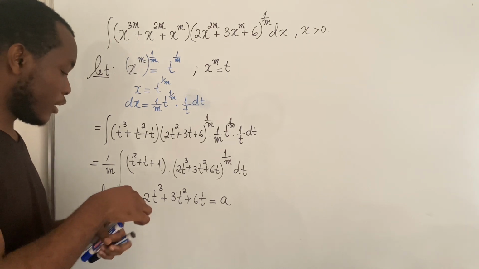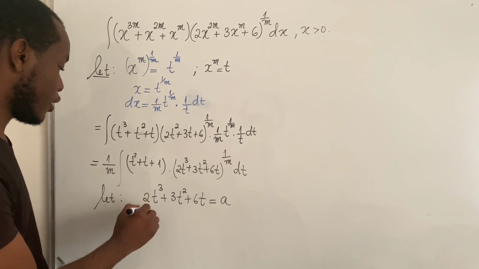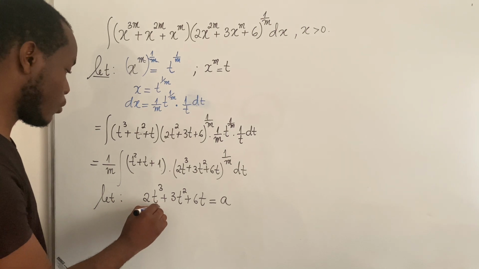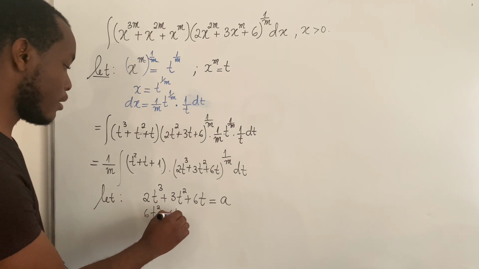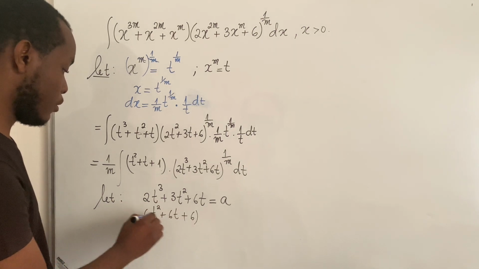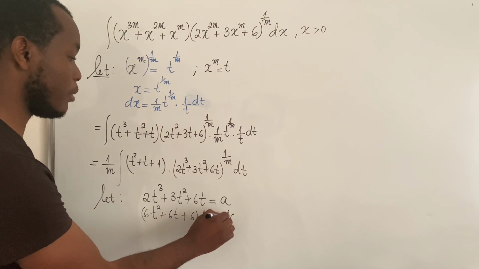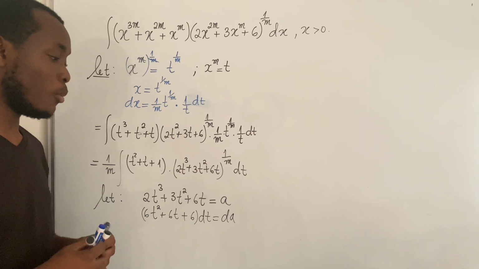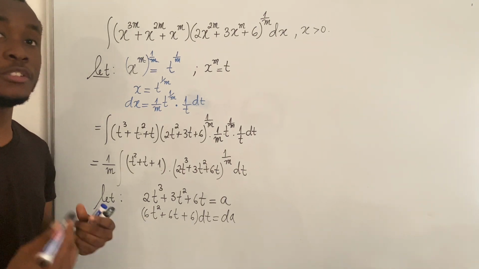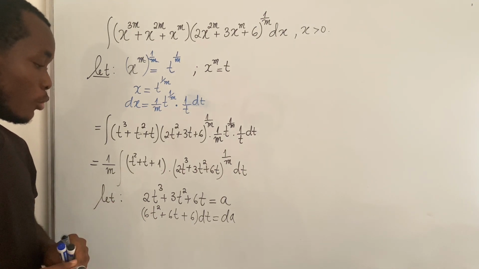If we differentiate, the derivative of this expression will be 6t squared plus 6t plus 6. We differentiate with respect to t, and the derivative of a will simply be 1, so dA, to show that we're differentiating with respect to a.